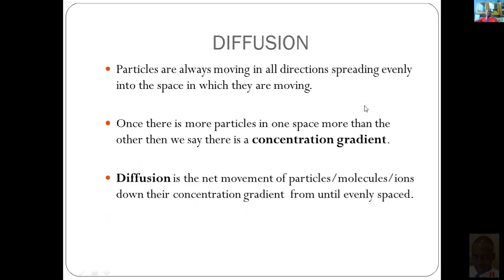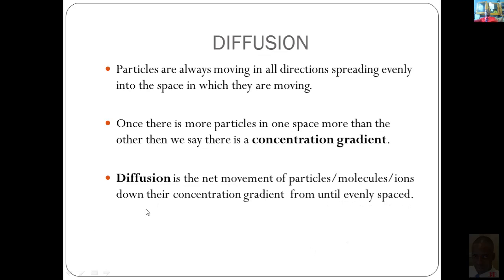Anything we consider stationary means that it is moving so slowly that our eyes cannot detect it, and sometimes it may be moving so fast that we can't detect it either, but that's a discussion for another time. We're looking at particles always moving in all directions, spreading evenly into any space that they are found in. You have to prevent them from moving for them to remain stationary.